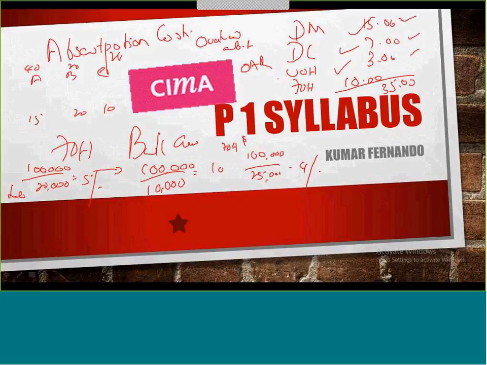Under traditional costing, all the overheads are assumed to be absorbed based on either the number of units, number of labor hours, or number of machine hours. So, three methods under absorption costing: traditional method, the number of units, labor hours or machine hours. Now, units we can use only for one single product.